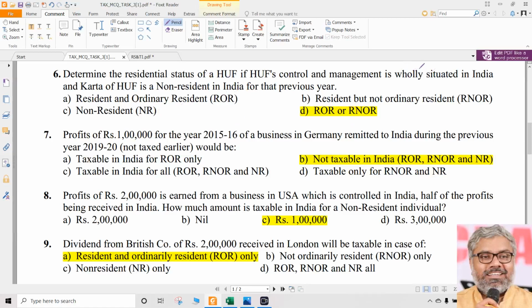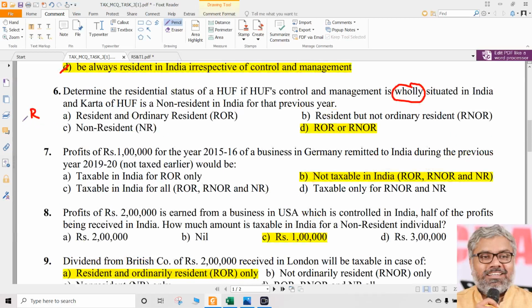First of all, the HUF is what? Definitely resident. Why? Because it is having control and management wholly situated in India. So definitely resident. Once it is resident, it will have to be either ROR or RNOR. Can we know what it is? No, we cannot know that. Why? Information is not sufficient. The Karta of HUF being a non-resident does not mean we know anything about his additional conditions.